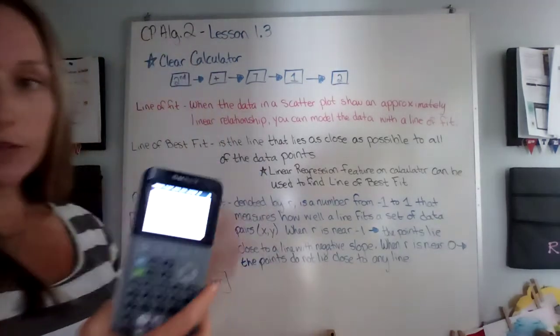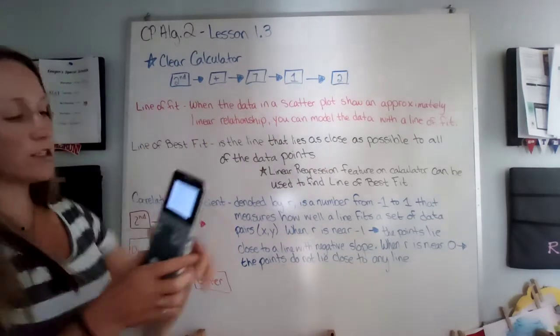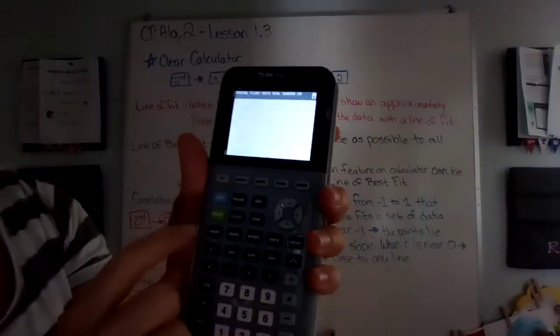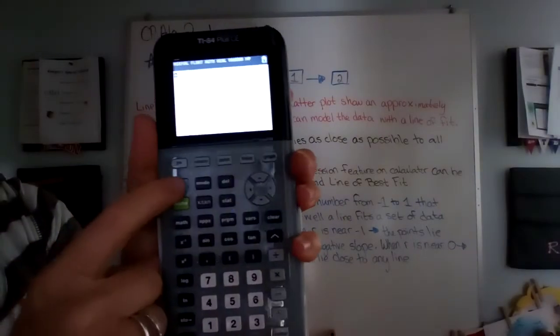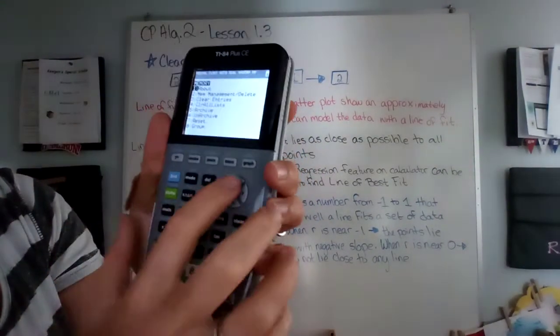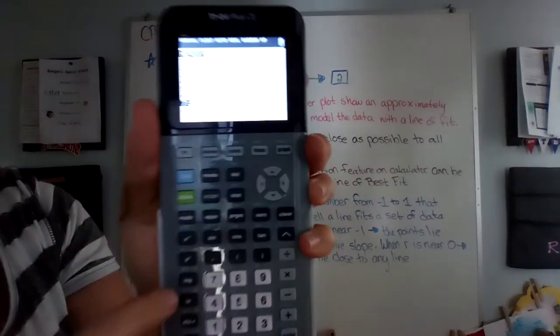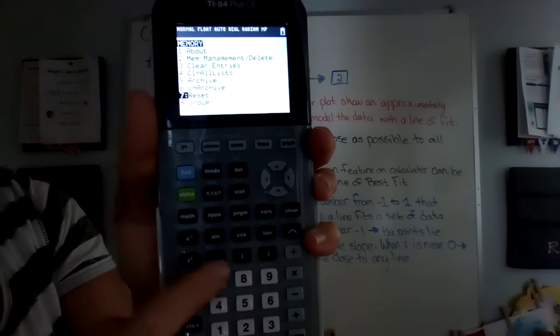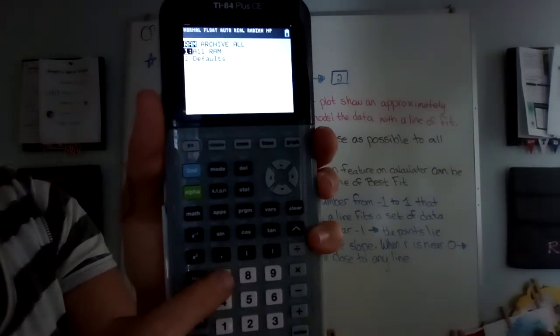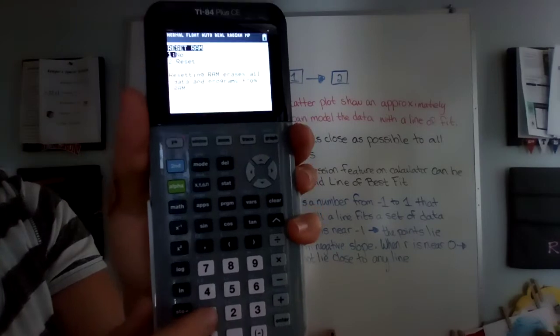The other option, and everyone can use the second option, is you hit second plus 7 1 2, and I'll show you so you understand what I'm talking about. So you hit the second button, then the plus, and then 7, because if you scroll down to number 7, it says reset, but you don't have to scroll down. You can just hit 7. And then 1, because all RAM, it's already highlighted, so you can push enter, but you can just push 1.